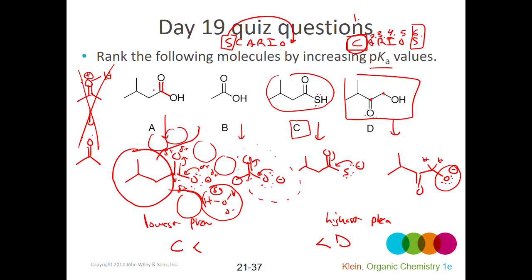So if everything else is the same, and the only difference here is a bulky R group versus one that's not bulky, the bulky one I expect to block out some solvent from forming an attraction there. So it's not going to be as likely to produce a charge if the solvent can't get in to stabilize the charge as well. So A would have a higher pKa than B for that reason.